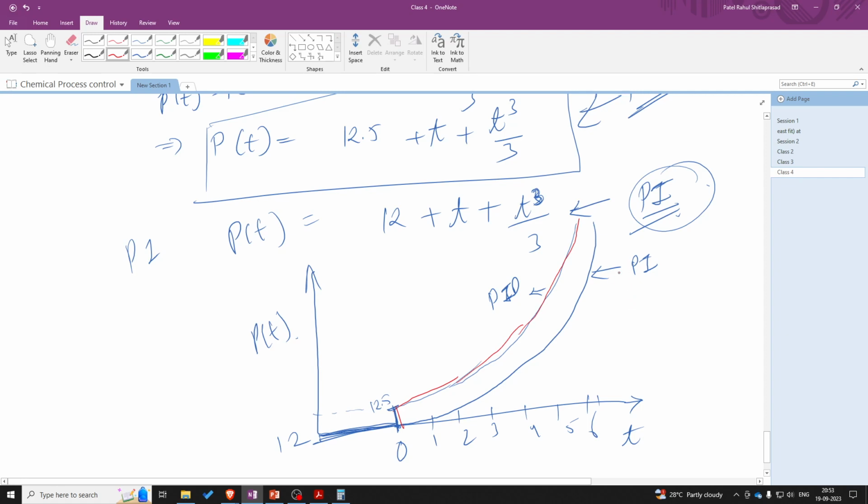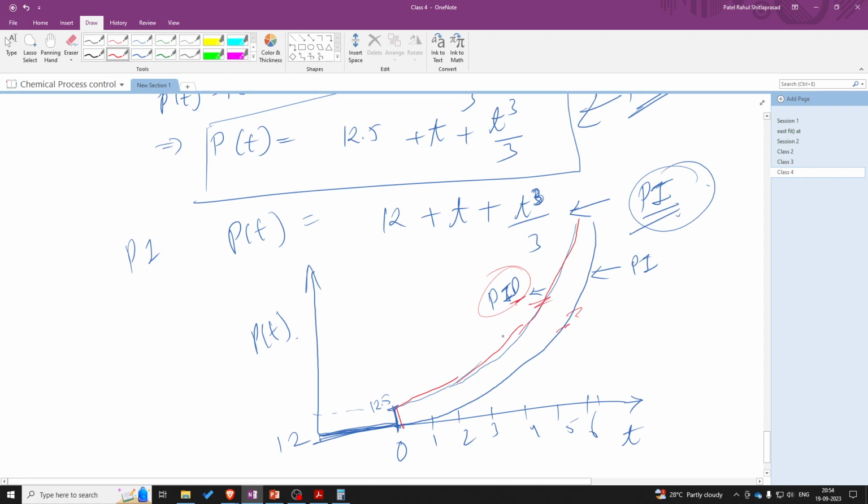So from the graph you can see that both of these curves have similar shaped responses. So the response is similar, but the only difference is at time t equal to 0, there is this sudden jump in the PID controller, and that is due to the presence of the derivative term, that is tau d, or else the behavior of both the curves would have been similar.